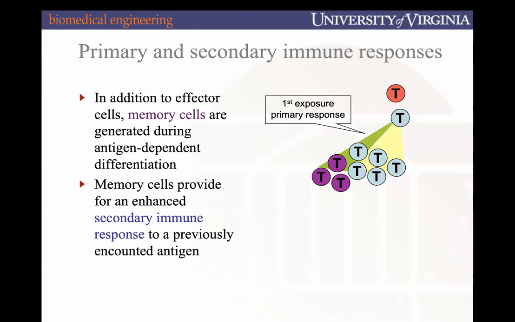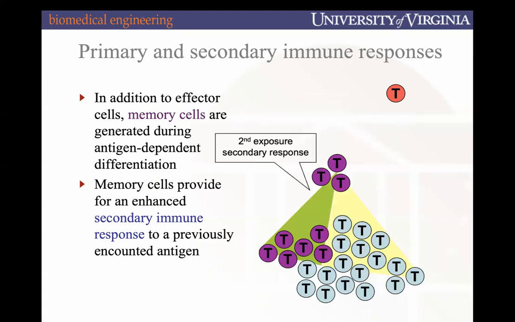A subset of those cells will become memory T cells that will stick around and reside for subsequent exposures. And so when we have a subsequent exposure for a secondary immune response, instead of having the one proliferating into a handful, we'll now have a subset of cells that are there that can have a much more rapid response that can help protect from that subsequent exposure, particularly if it's a dangerous pathogen.